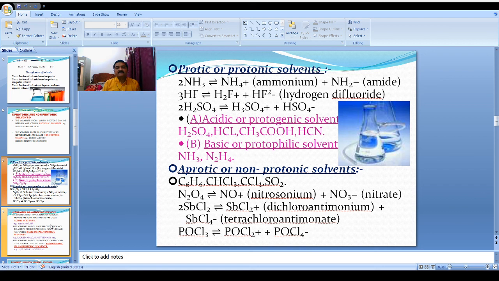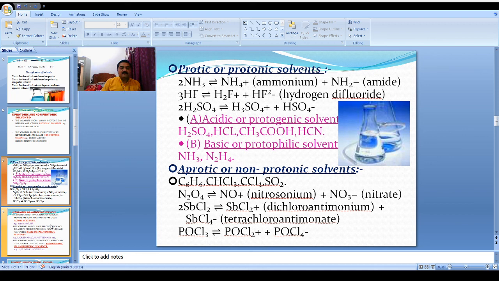H2SO4, sulfuric acid, forms the cation as well as the anion. These protonic solvents have types: acidic or protogenic solvents, H2SO4, HCl, acetic acid and hydrogen cyanide. Second, basic or protophilic solvents, ammonia as well as hydrazine. Hydrazine is also known as dinitrogen tetrahydride. Then the next is aprotic or non-protonic solvent, that means it neither gives protons nor accepts them.